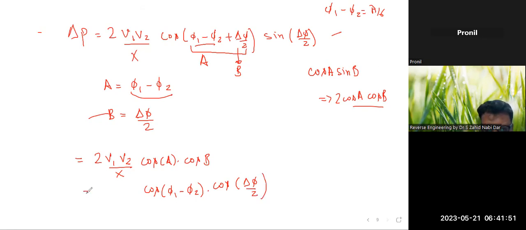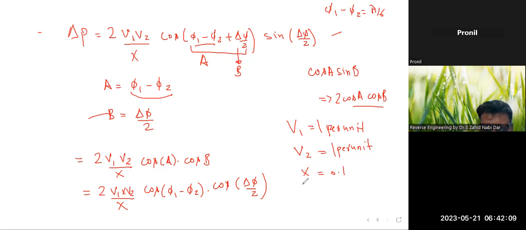Here the value 2 v1 into v2 divided by x: V1 is 1 per unit, V2 is again 1 per unit, X is given as 0.1. So 1 by x would be equal to 10.